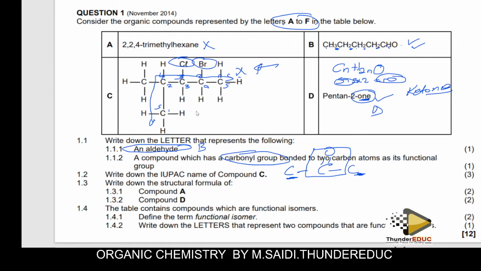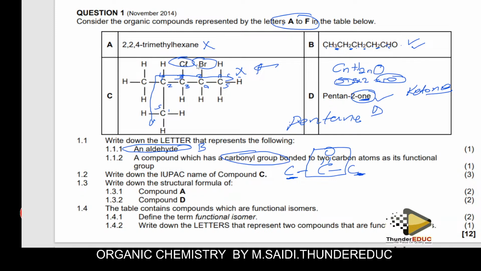So the longest chain is 1, 2, 3, 4, 5, so it's going to be pentane, because it has no double bond anyway. But I don't stop there. Now I need to know the side groups, because these are substituents.